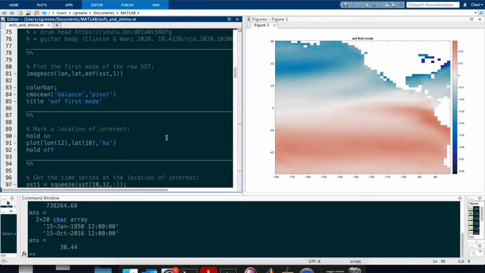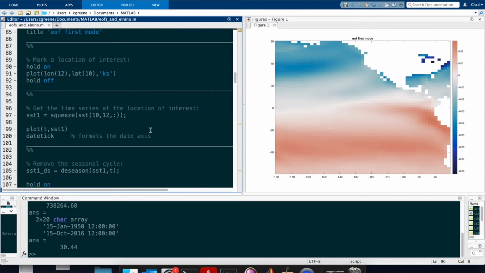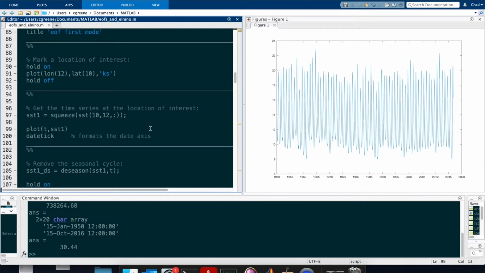So if we just pick a random point, say this little black square in the Pacific, we can plot the time series of that point, and we see, in fact, almost all of this variability isn't associated with any kind of long-term year-to-year changes, but rather these seasonal cycles that really dominate the variability of sea surface temperatures.